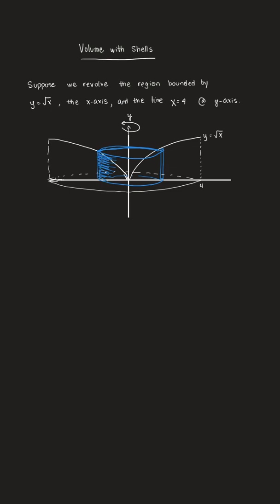Imagine that we have a soup can that looks like this, and we peel off the label of that soup can. Well, the label is very, very thin. When we peel it off, we get a rectangle. The soup can's label is just a rectangle that has a very thin thickness, but it definitely has a little thickness.